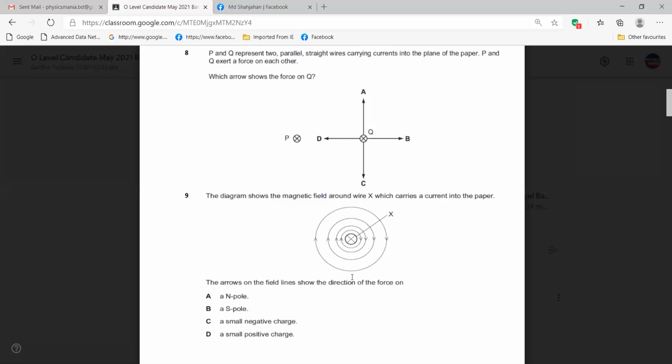You can consider it as the first rule. The first rule of magnetic field lines is that they start from the North Pole and end in the South Pole. In that sense, we can take the direction of the field lines as the direction of North Pole.